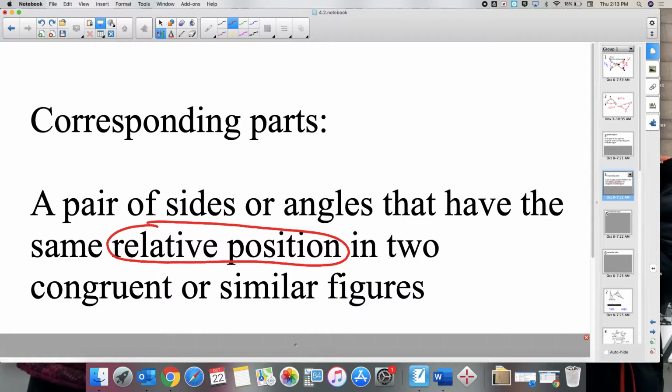When we talk about the same position, we're not talking the left side matches the left side. That's not always going to happen. But if you were to unrotate and unflip those figures, they would have the same relative position. So corresponding parts are a pair of sides or angles that have the same relative position in two congruent or similar figures. We'll deal with similar figures down the road in chapter 6.